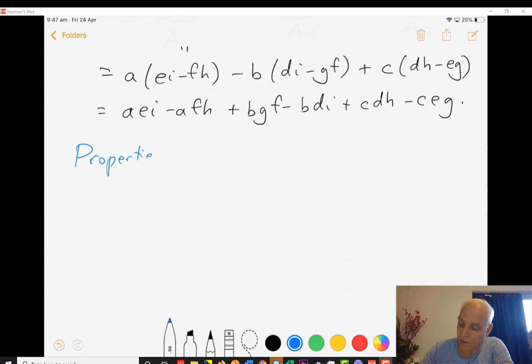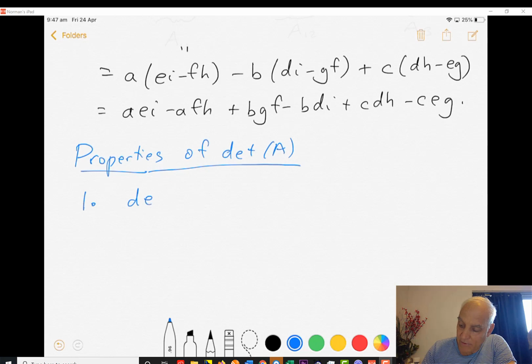Properties of the determinant. So, first of all, the determinant of the identity matrix is always equal to 1.